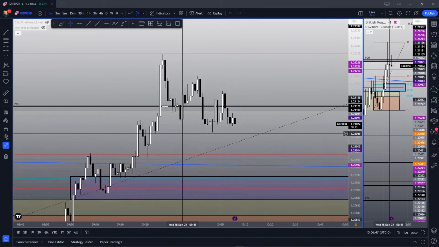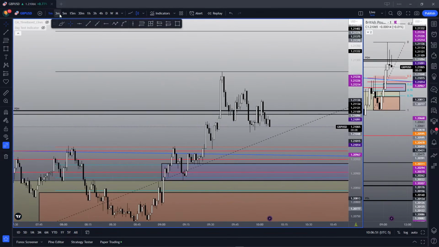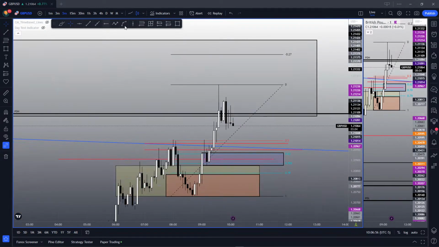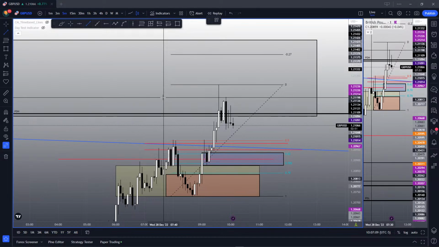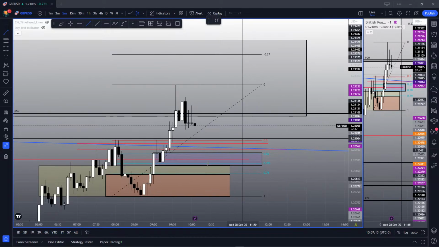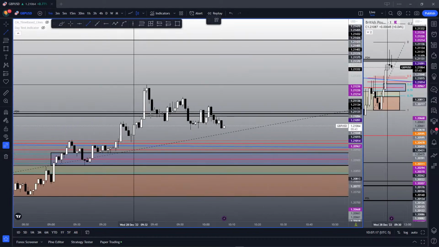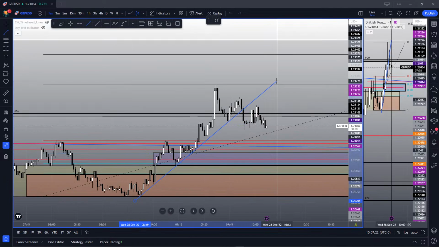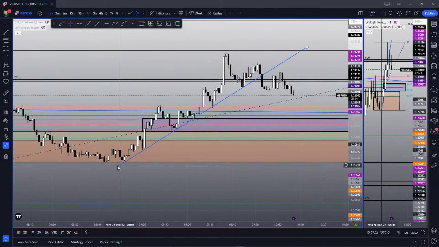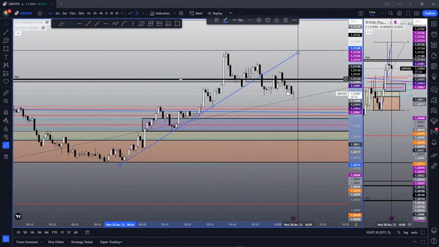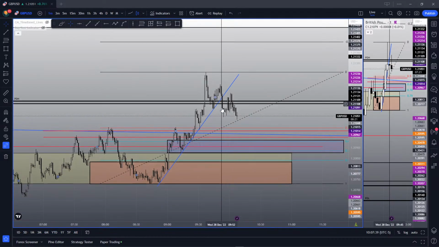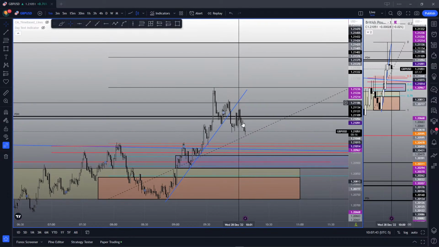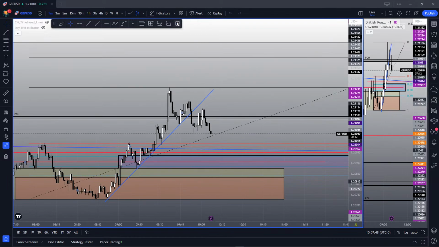Kind of see here how the trend is being respected pretty well. You can see how this trend line is being broken here, this low being broken through, but it's just continuation, pushing down, price coming up and retracing to where the interest zone might be.